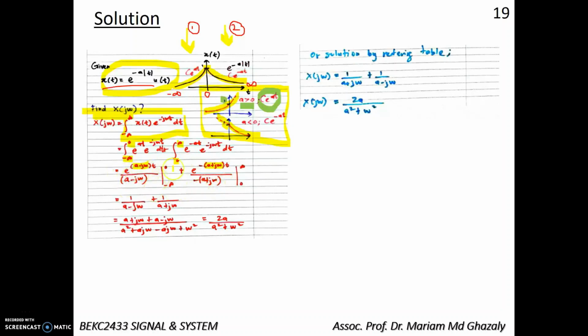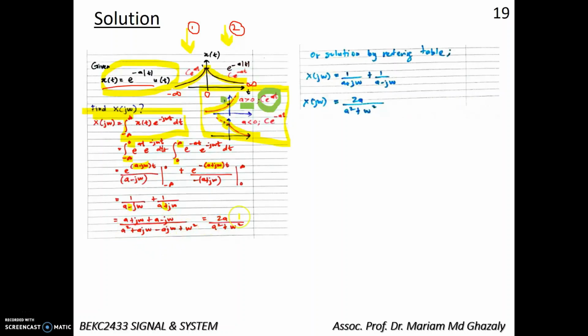When you solve this integration, you will have 1 over (a minus j omega) plus 1 over (a plus j omega). The first part has the minus j omega, and the second part has the plus j omega, because of the different exponential values in the two equations.